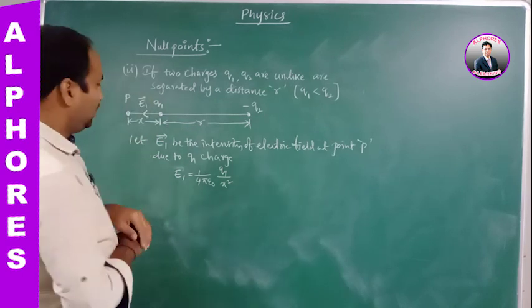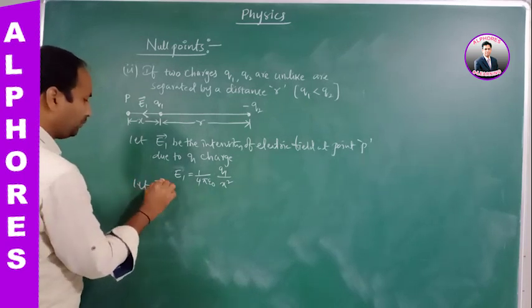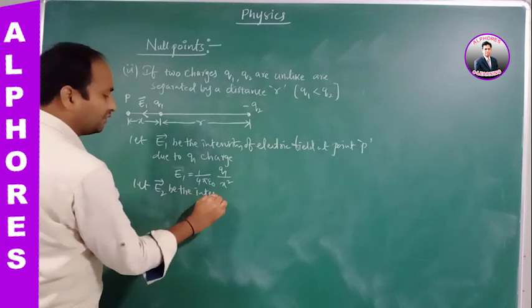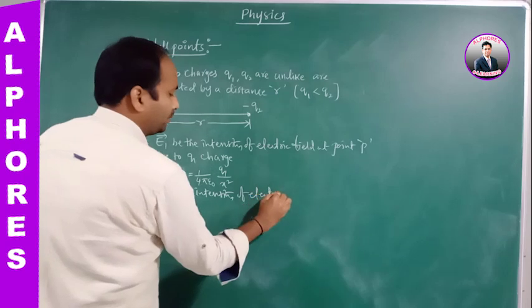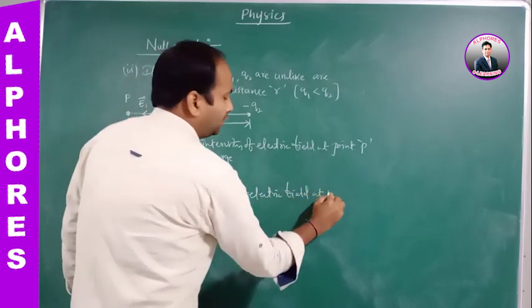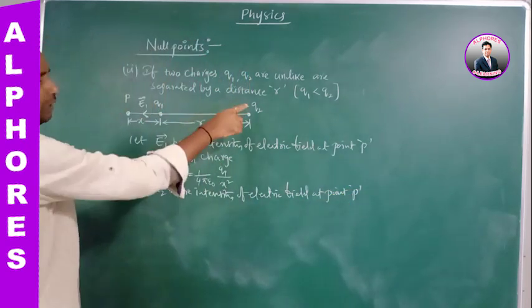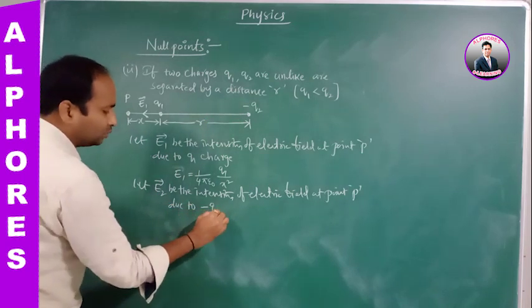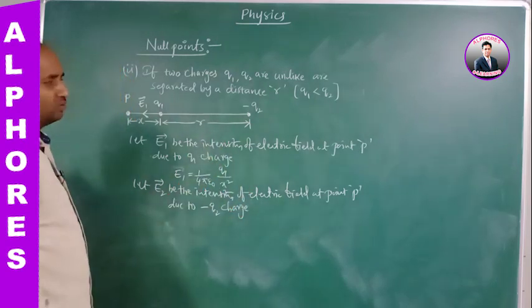Okay. Now similarly, let E2 bar be the intensity of electric field at point P. Okay, but due to the minus q2 charge, negative charge.